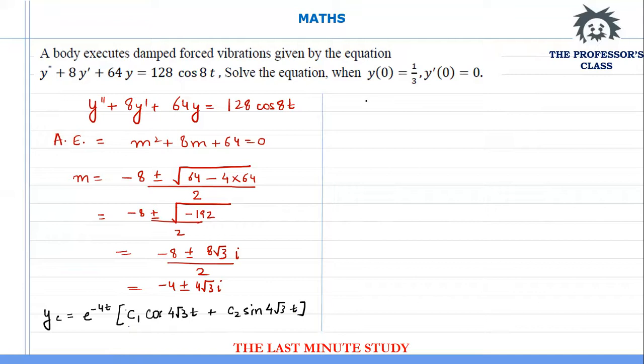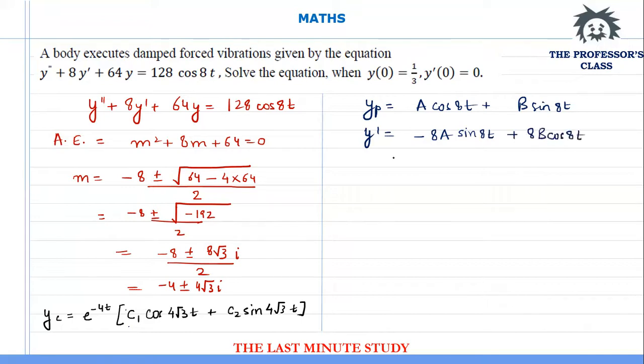Right. So I'll assume the solution yp to be a cos 8t plus b sin 8t. The value of y dash will be minus 8a sin 8t plus 8b cos 8t, and that of y double dash will be equal to minus 64a cos 8t minus 64b sin 8t.